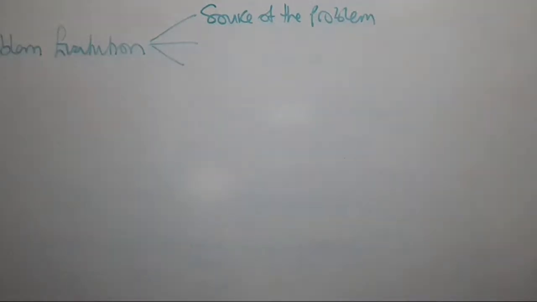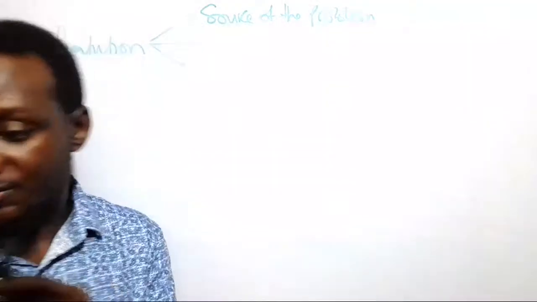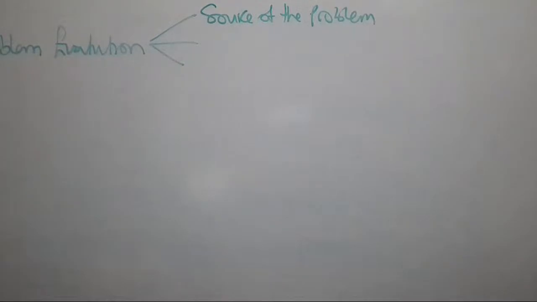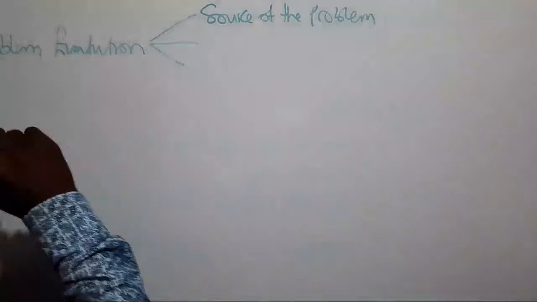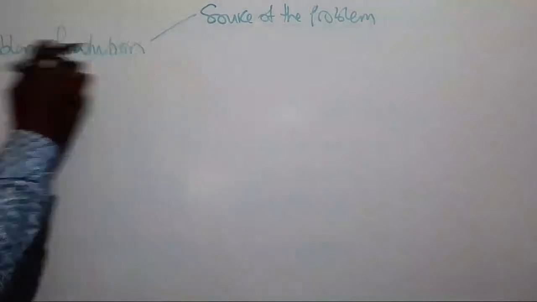Now, we also have problem identification and definition. We talked about that. Now, we move straight ahead to what we refer to as feasibility studies. I wouldn't want us to rush into these feasibility studies at all, but I want us to take some points on it.